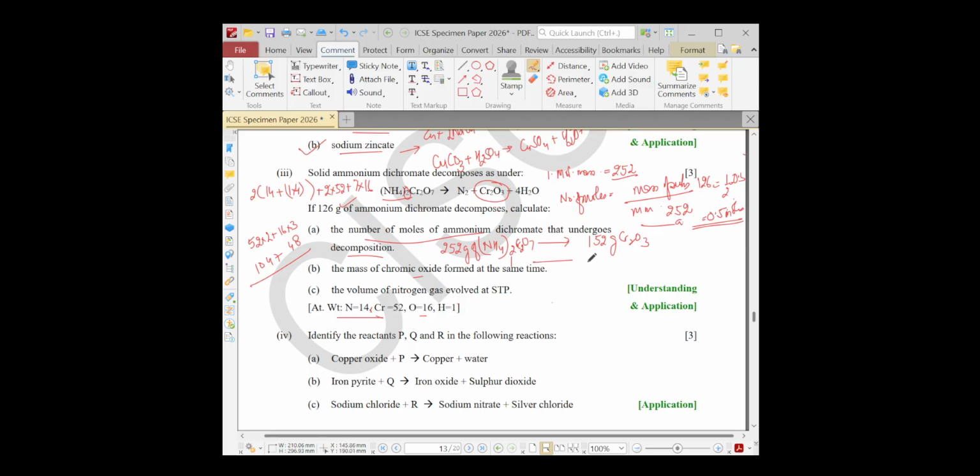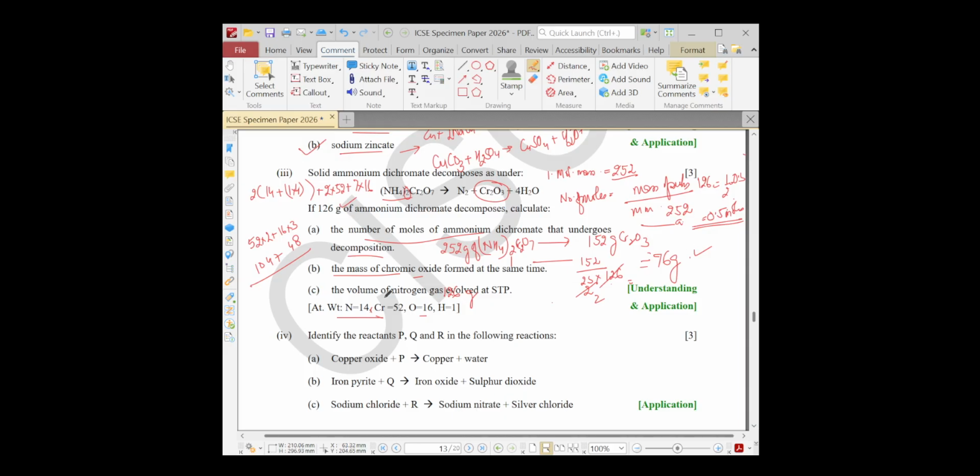We are solving through the unitary method. 1 gram gives 152 by 252, and when it is 126 grams, multiply by 126, so this will come out as 76 grams. So the mass of chromic oxide would be 76 grams.